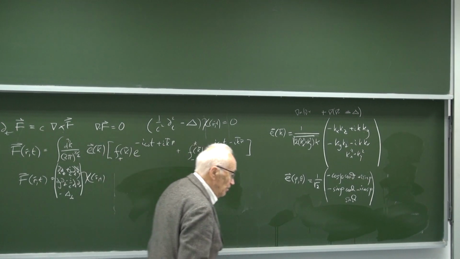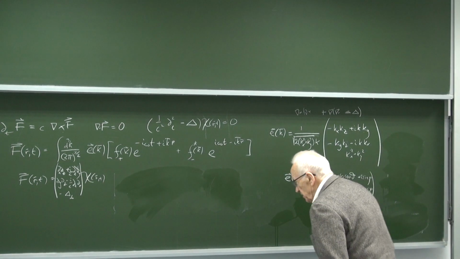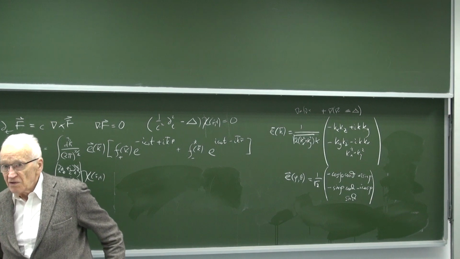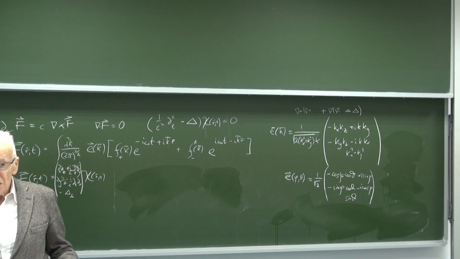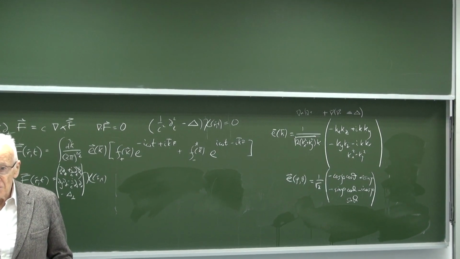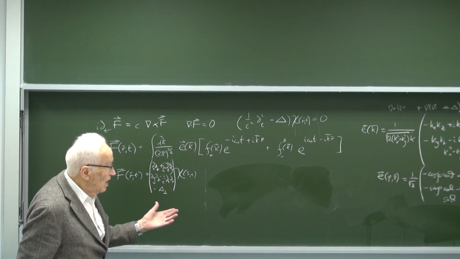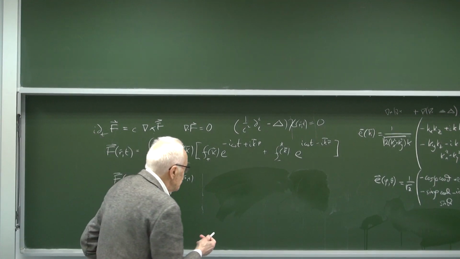However, if you want to do something more complicated, then the standard approach would not be so simple. For example, you have two plane waves. Then you cannot choose a simple form for both of them because they run in different directions. Here, however, the formula is extremely simple.